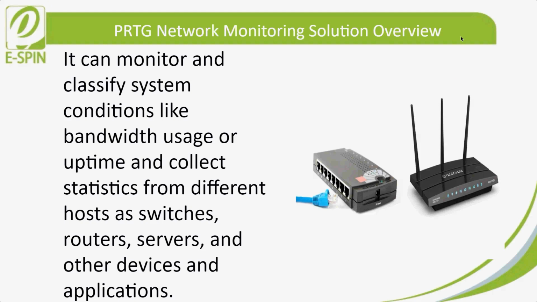Besides computers, PRTG can monitor and classify system conditions like bandwidth usage or uptime, and collect statistics from different hosts such as switches, routers, servers and other devices and applications. From the statistics, we can conclude where we need to upgrade or make things better.